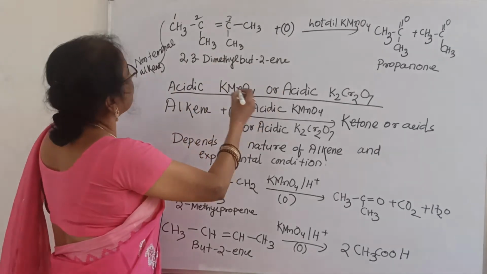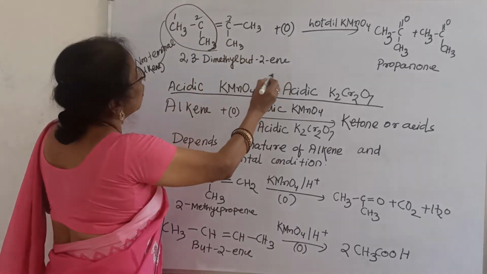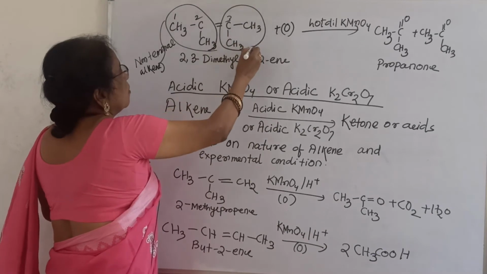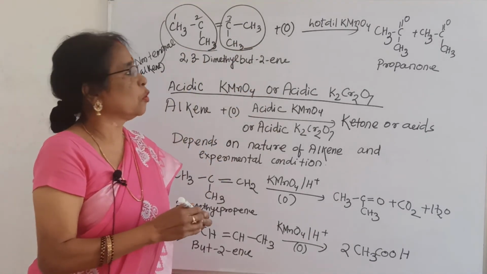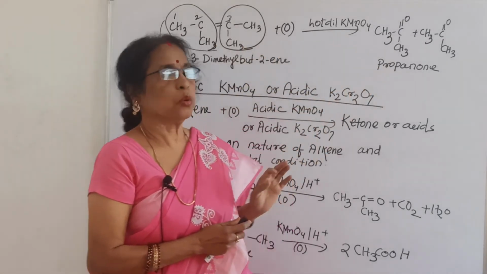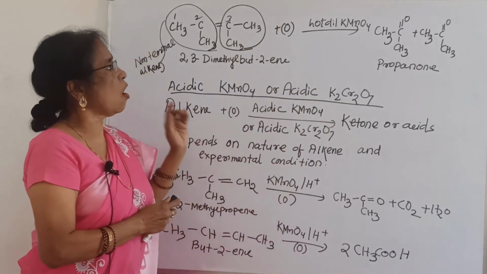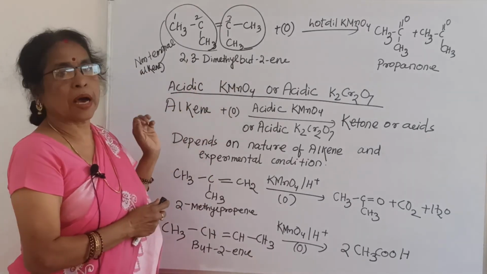And here what happened? This part is formed as ketone, and this part is formed as ketone. How many carbon? 3 carbon, so it is propanone. Propanone plus propanone, and this is very important. Hot dilute KMnO4 gives 2 propanone.